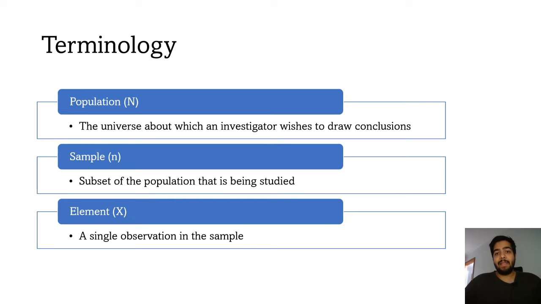So there can be a population or sample of blood pressure readings, or there can be a sample or population of human beings. The number of elements in a sample is denoted by small n. Let's talk about what an element is. So a single observation in a sample is called an element, and it is denoted by the letter capital X.